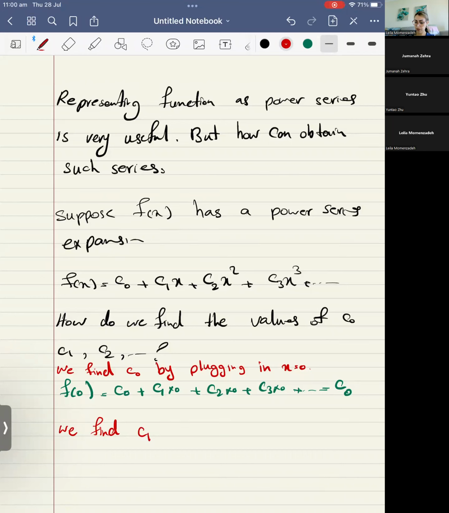We use differentiation and then plug in x equals 0. What does that mean?